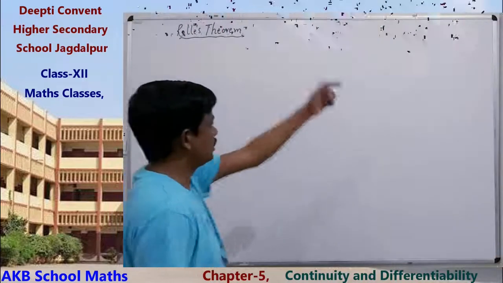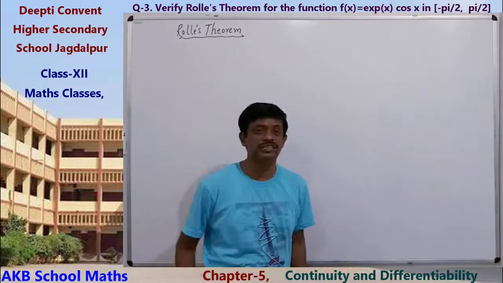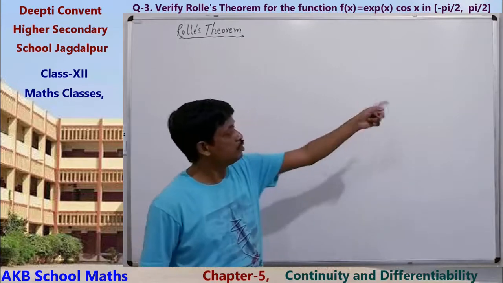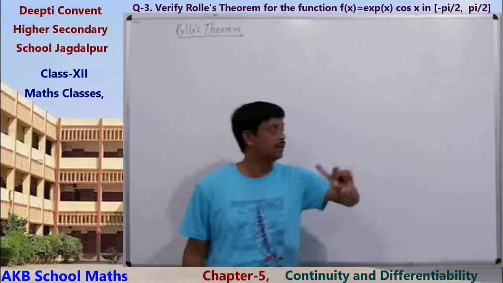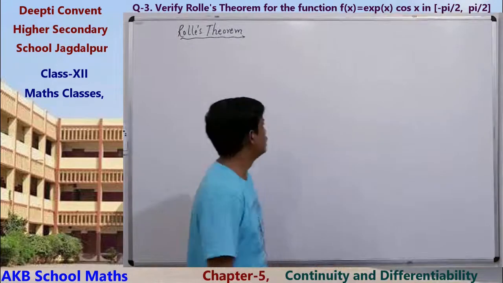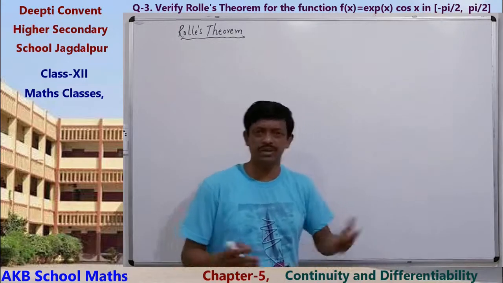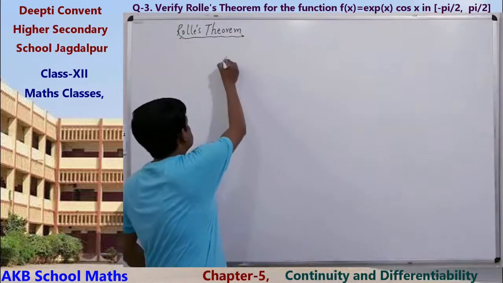Take another question. Verify Rolle's theorem for the function f(x) equals e to the power x cos x in the interval minus pi by 2 to pi by 2. Okay. So let us try to understand this question in short. So, solution.